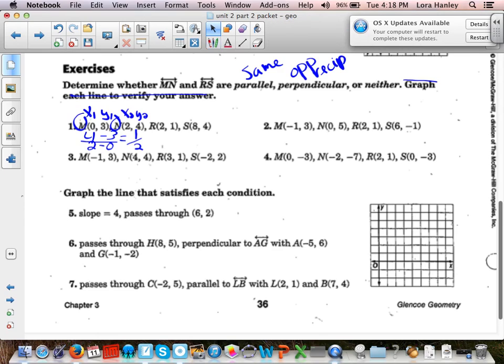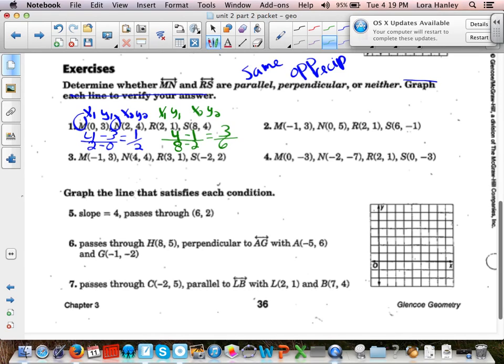Next, I want to find the slope for RS. Well, x1, y1, x2, y2. We're going to subtract, so 4 minus 1 divided by 8 minus 2. 4 minus 1 gives me 3. 8 minus 2 gives me 6.